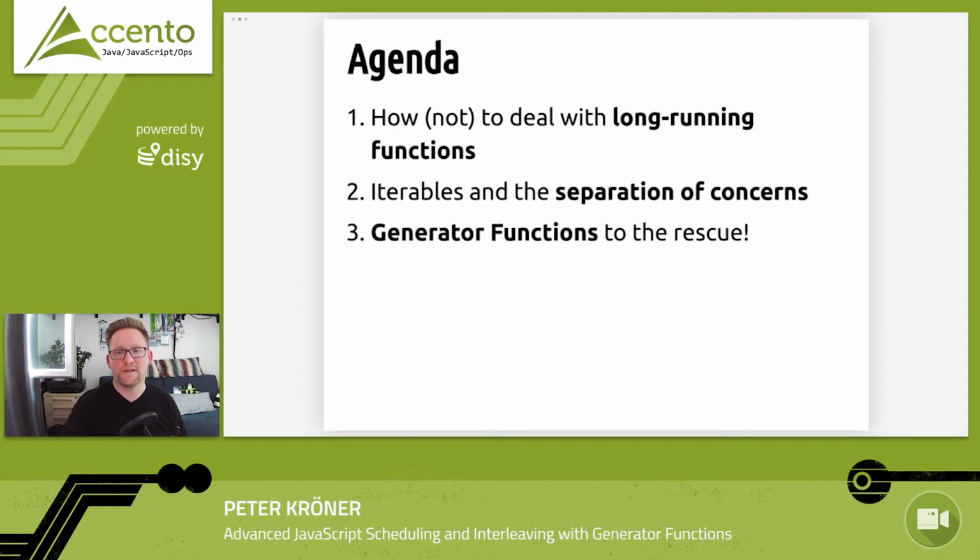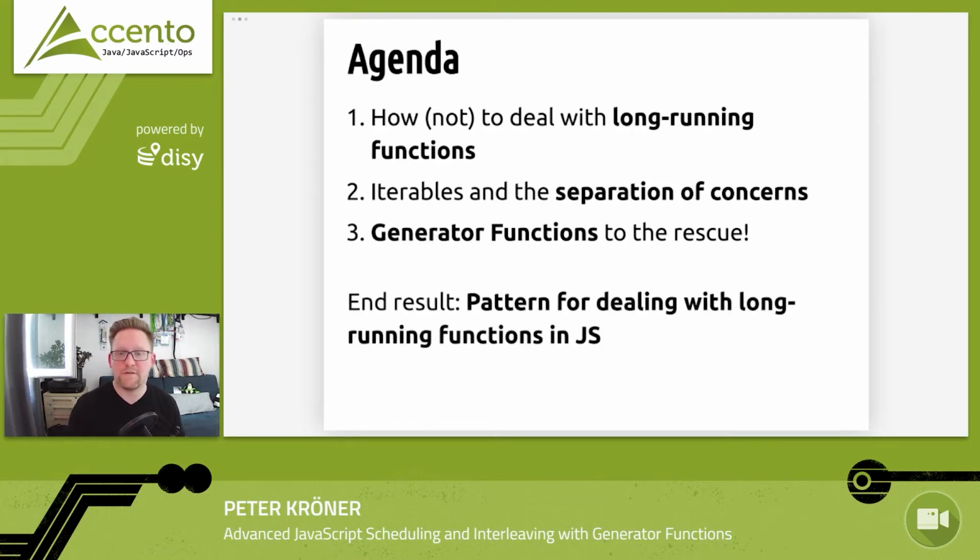So we need a third step, and this third step will involve generator functions, and they will basically make everything look and work just fine. The end result should be a pattern for dealing with long-running functions in JavaScript in general. Again, this is a problem that you probably shouldn't have in the first place, but if this is something that comes up, then this pattern will probably solve it once and for all.